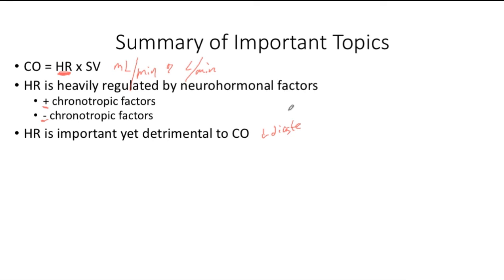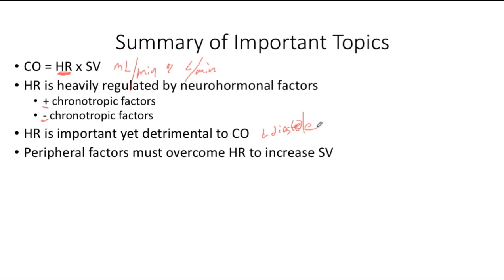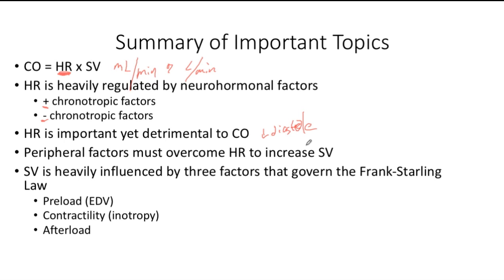To overcome this, we need to use peripheral factors. And when I say peripheral factors, we're talking about the Frank-Starling mechanism, and one of the big factors that is very important to this is an increase in return. All right, the return of blood back to the heart.